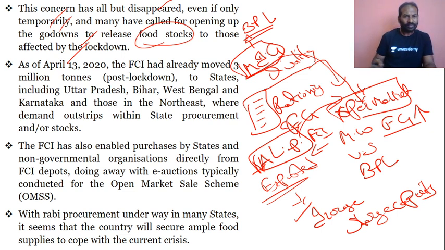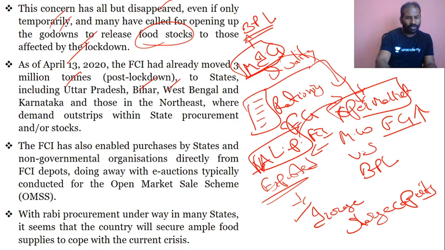As very well said. And we have seen this in April, during the post lockdown, the FCI has forwarded food grains to Uttar Pradesh, Bihar, West Bengal, as I think Janavi was saying.